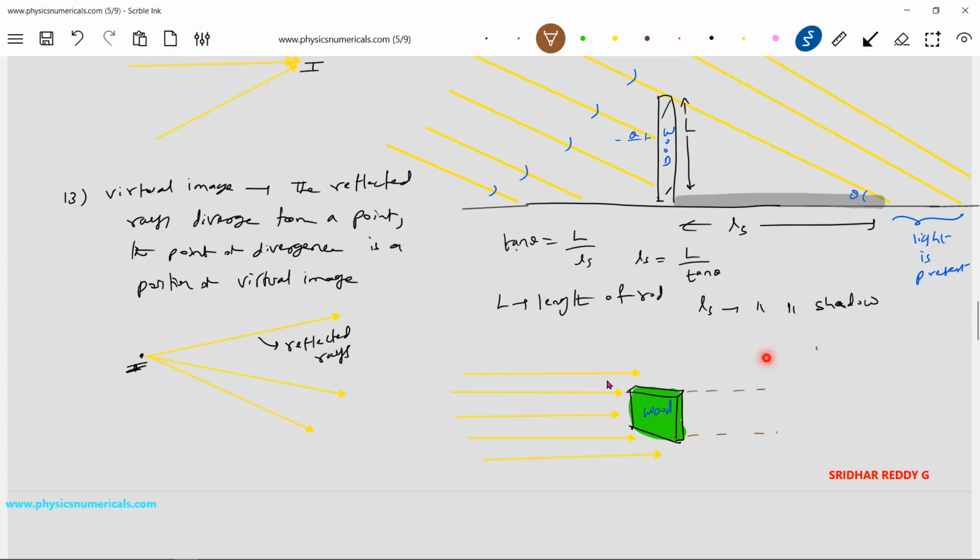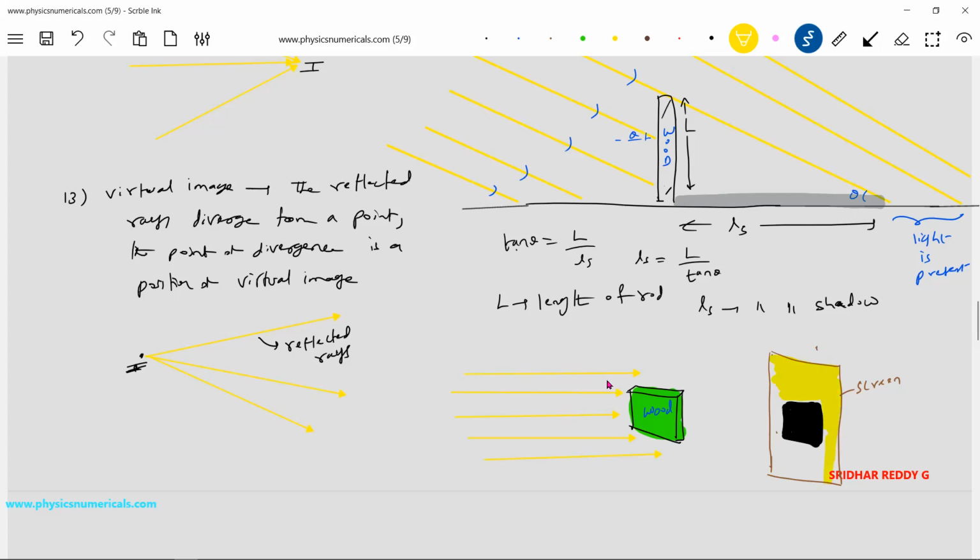I'll show the screen, which is two-dimensional. The other part will be illuminated by the yellow light.